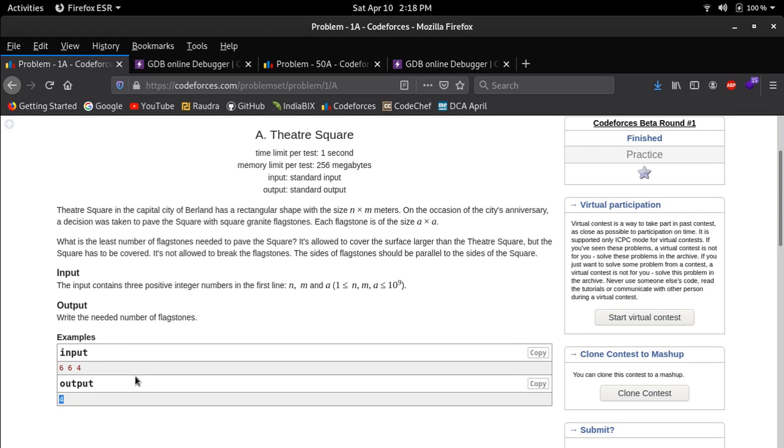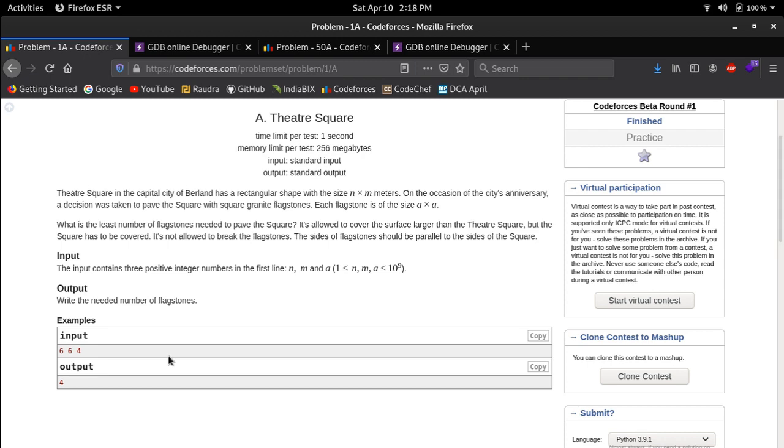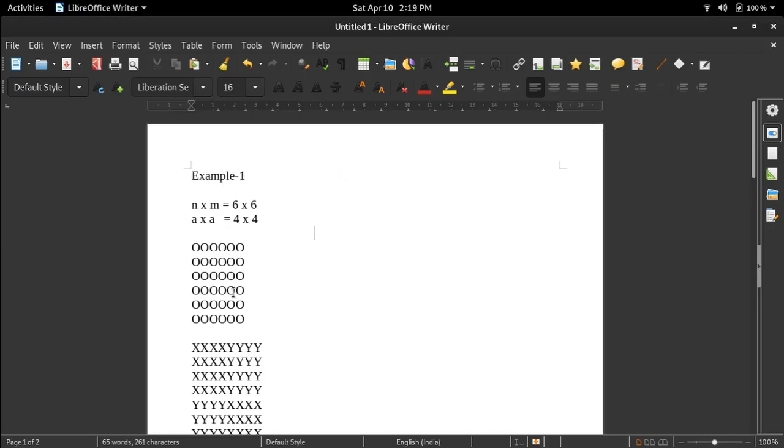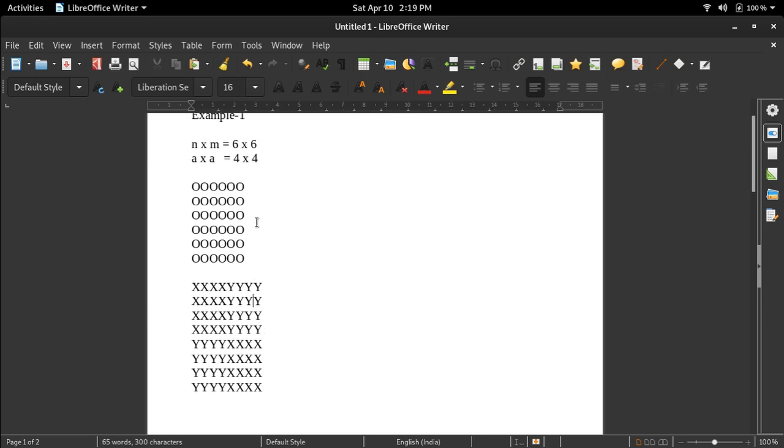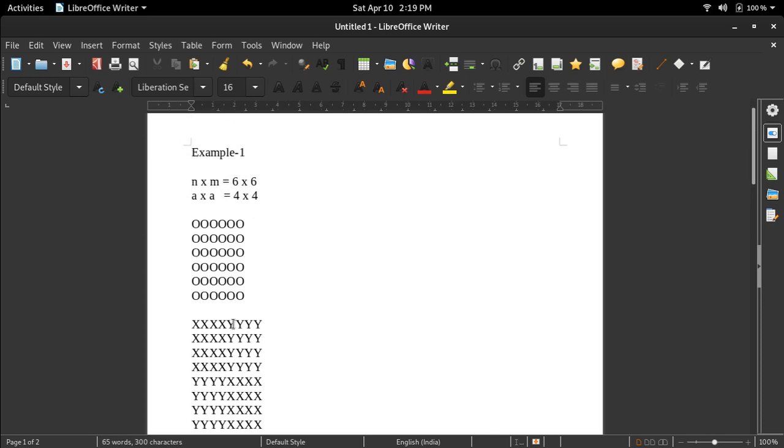Now how this output comes is that we need to find out. So this 6 cross 6 you can consider as the theater, and these are the flagstones needed to pave this theater completely. So this x from here till here you can consider as one flagstone.